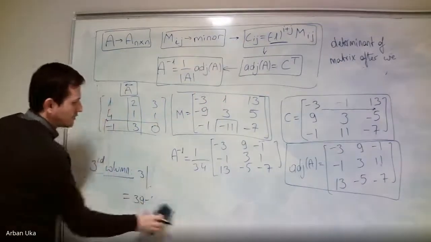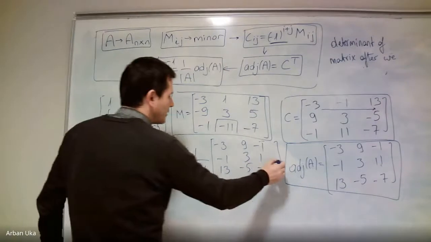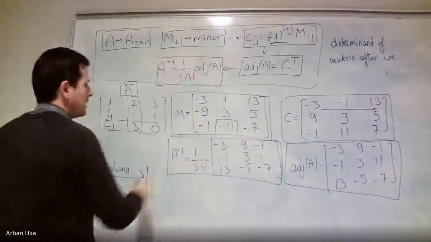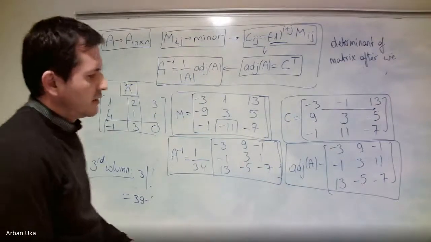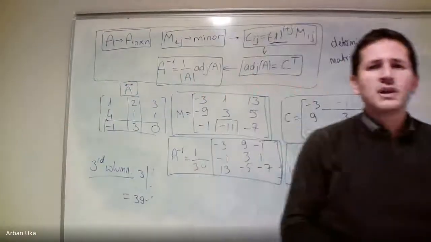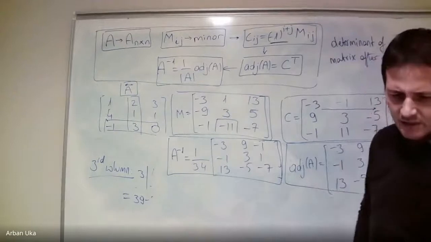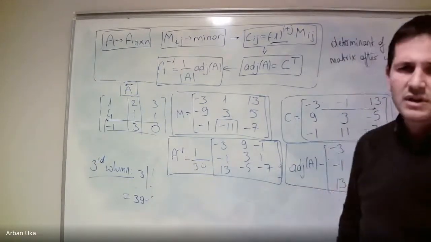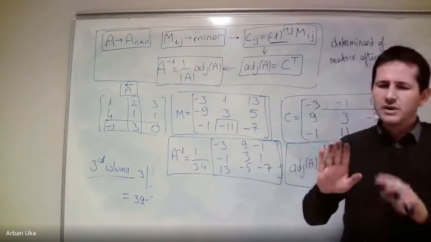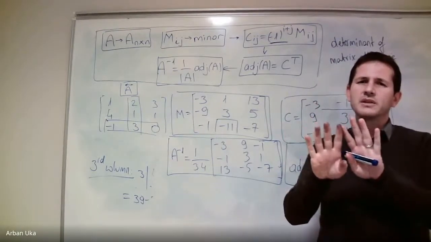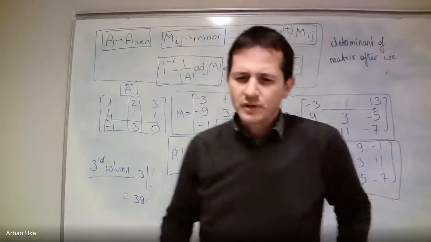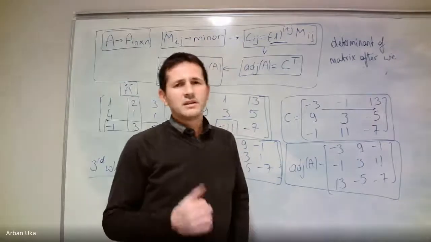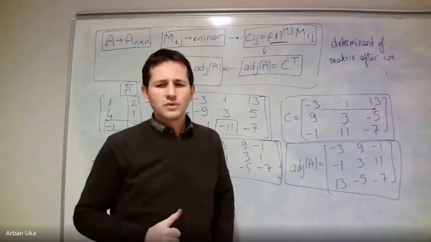So I just multiply 1 over 34 by the adjoint of A. So today, we just saw how to calculate the inverse of a specific matrix using two different techniques. One of them was using the elementary row operation. So we merge the matrix A with the identity matrix, and we do the same operations on A until we get the I, the identity matrix, and the one next to it will be the A inverse.